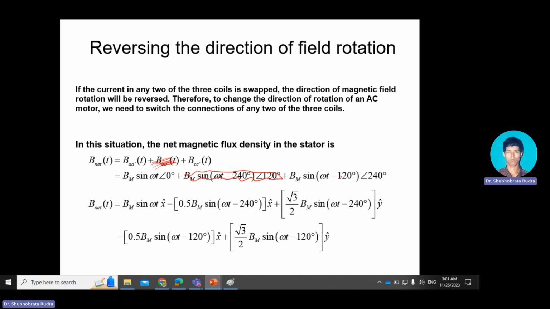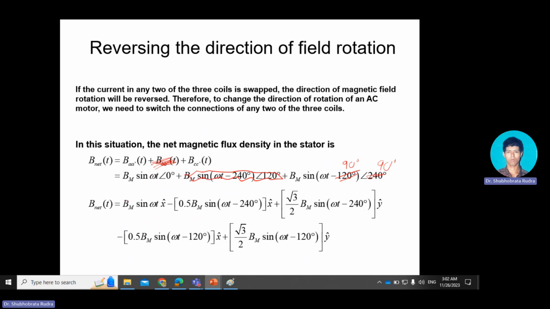Here, since you have a phase shift of 90 degree mentioned in the question, this should also be at an angle of 90 degree. What you will have here is Bm sin omega t.